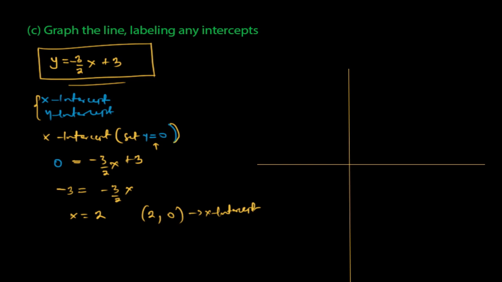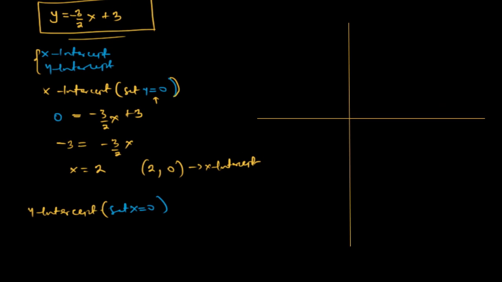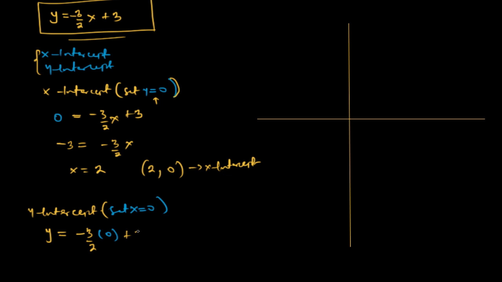Now the next information we need is the y-intercept. The y-intercept is just the corresponding value of y when x equals 0. So we set x to be 0 in the original equation: y equals negative 3 over 2 times 0, plus 3.